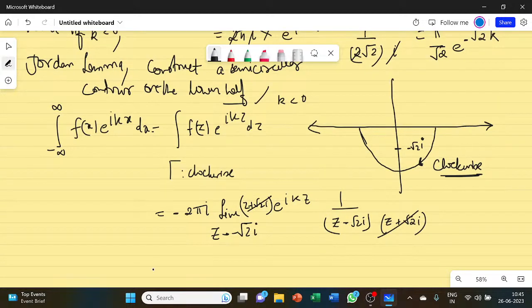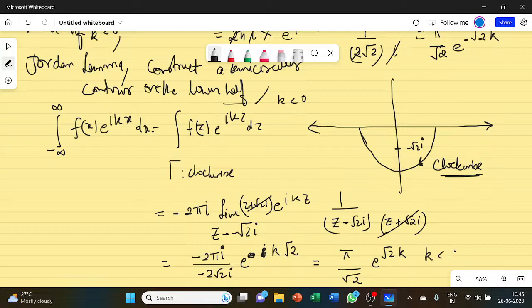So if I write minus root 2 iota here, this will be minus 2 pi iota divided by minus 2 root 2 iota, and here I'll get e^(iota k times minus root 2 iota). Iota square is minus 1, and minus minus would get absorbed. So basically you will get pi upon root 2 e^(root 2 k) when k is less than 0.